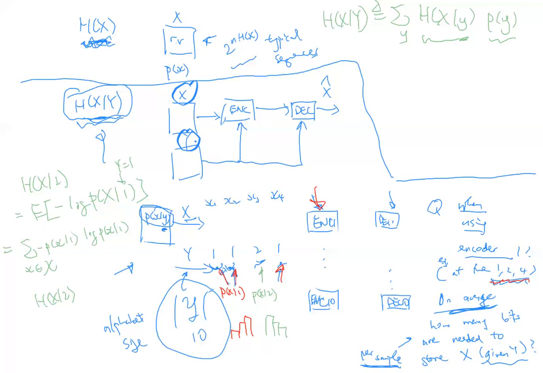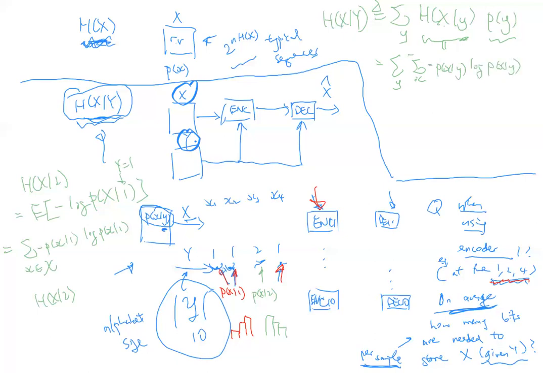Okay, so that's great. Let me substitute this back. This guy is the sum over x of p(x given y), with a minus sign, log p(x given y).